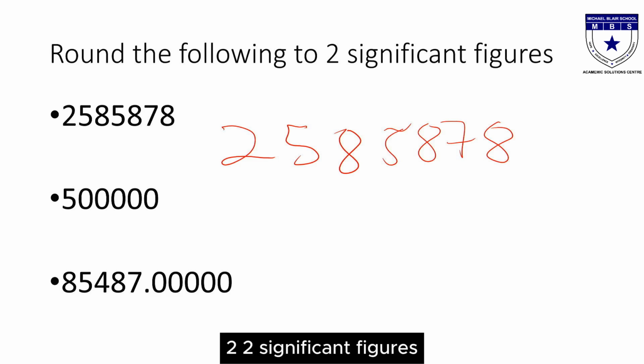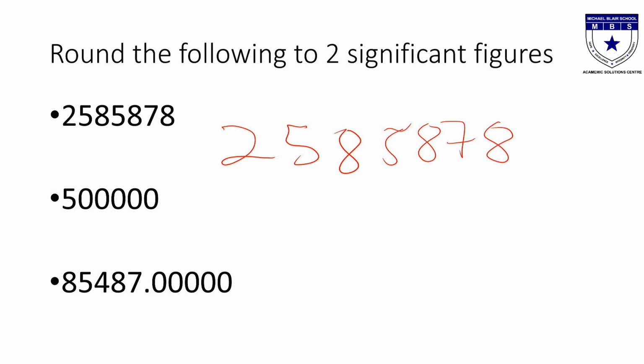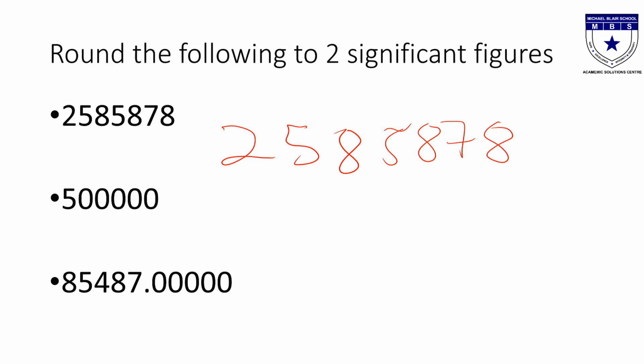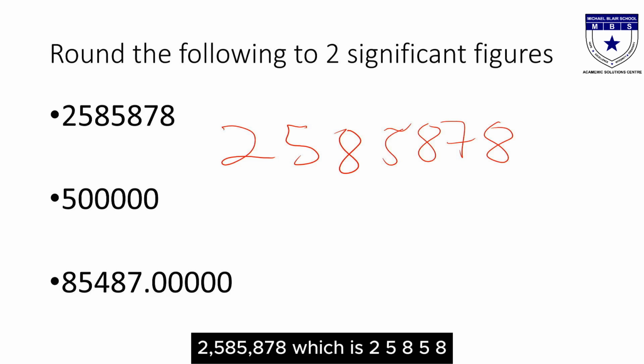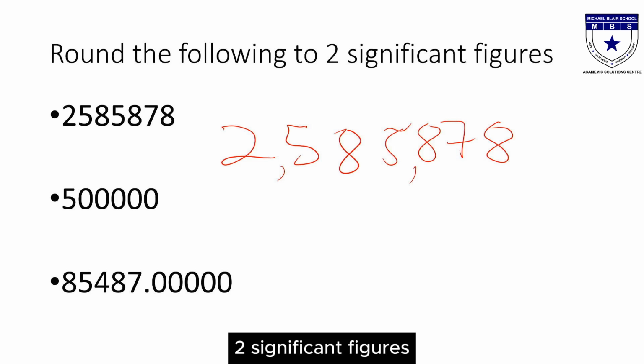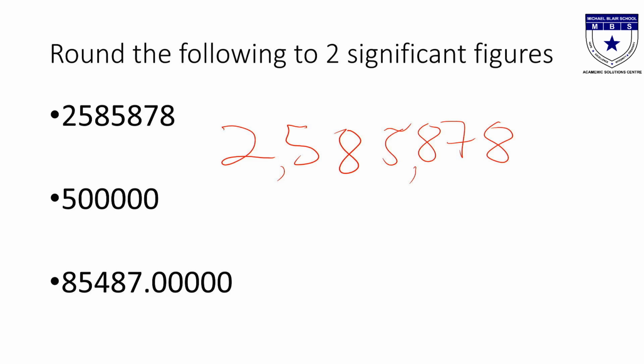Two significant figures. Don't forget that this number can also be written as 2,585,878.